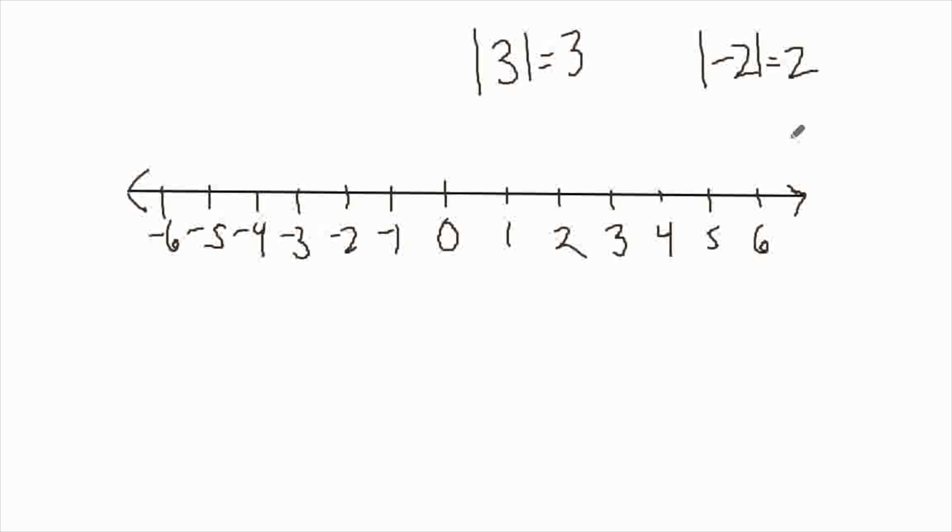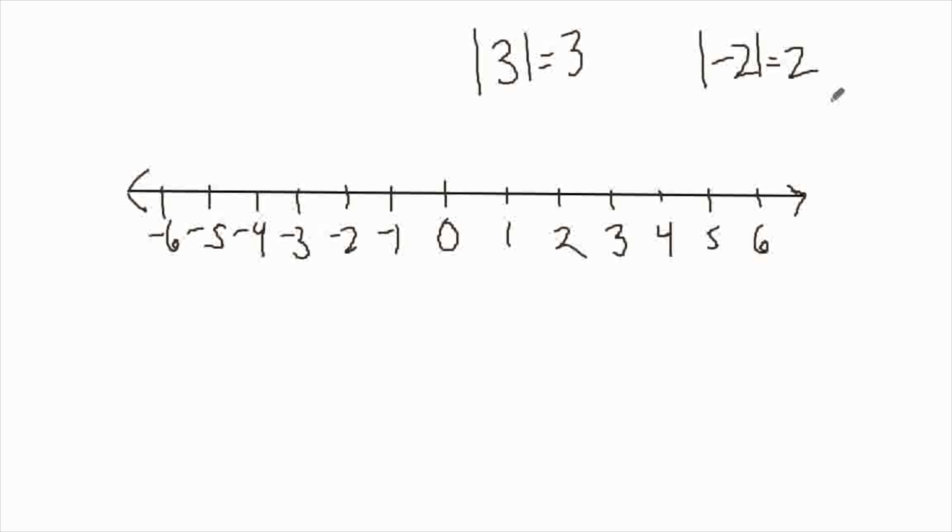You simply remove the negative sign. That's why the 3 was still 3, and the -2, I removed the negative sign, and so it became a 2. I denote the absolute value operation by these 2 bars, almost like I'm putting the number in jail. So you can think of it as removing the negative sign if there is one.